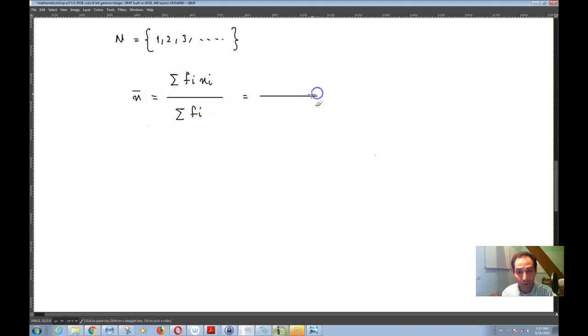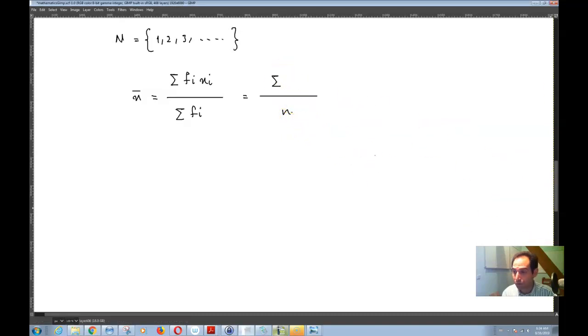So you can write this as n. And for sigma f of I x of I, since the numbers don't repeat themselves, you can just simply write this as sigma x of I.